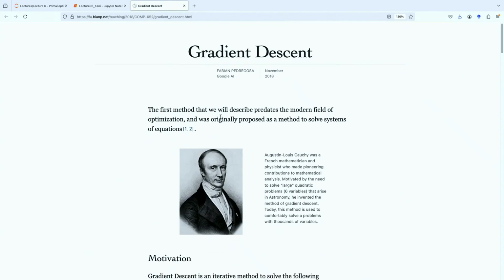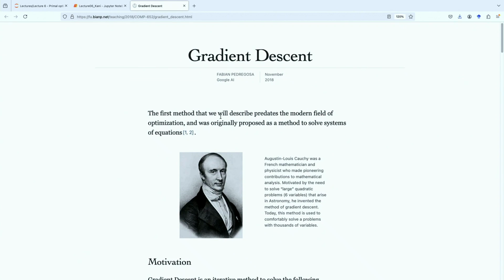This website was made by a Google AI researcher, Fabian. Oh, I'm going to butcher his name. I'm sorry if he's still watching this recording. Fabian Pedregosa. I believe he's the head of scikit in Python.